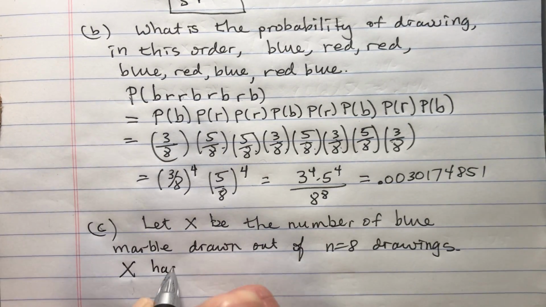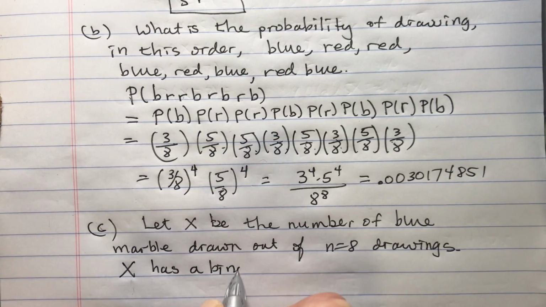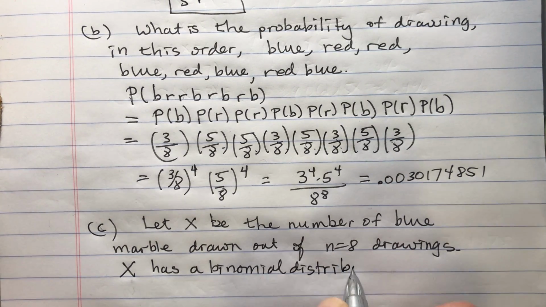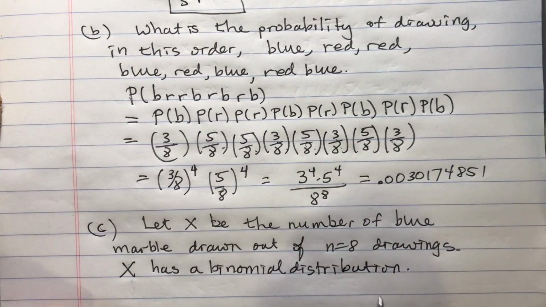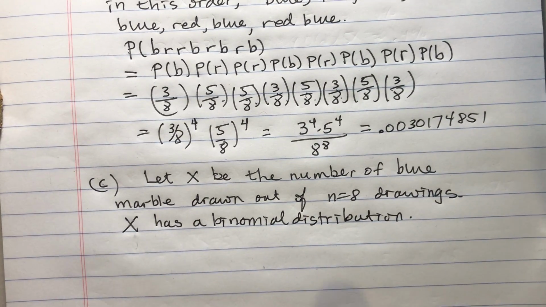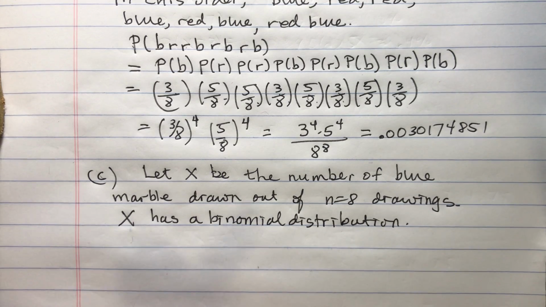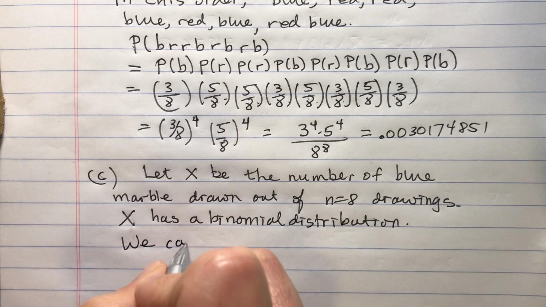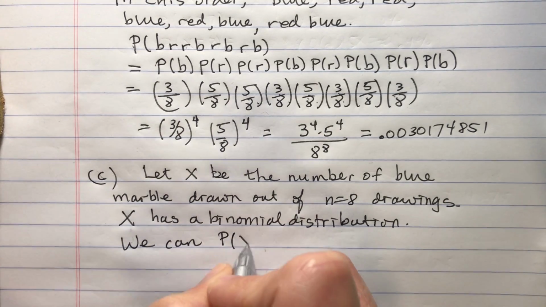X has a binomial distribution. So X is a random variable, and it has a distribution which is a binomial distribution. One way you can think of that distribution is by the graph that we'll draw. We can use the formula, but maybe we won't. Actually, I know I won't.